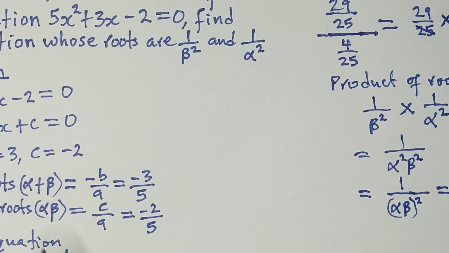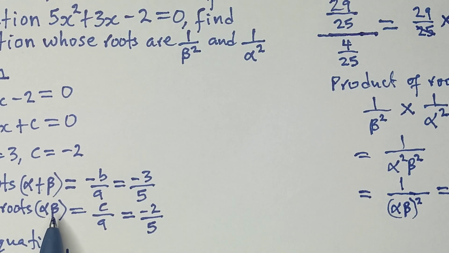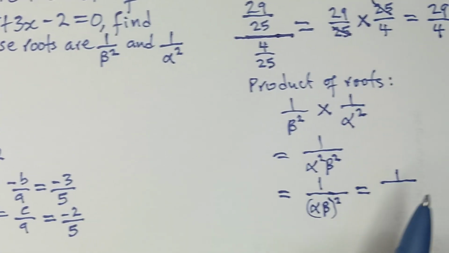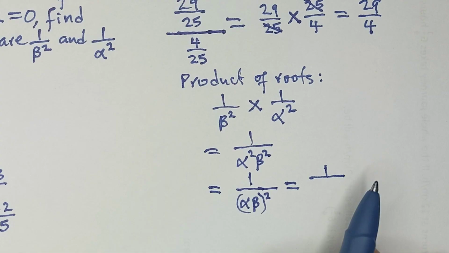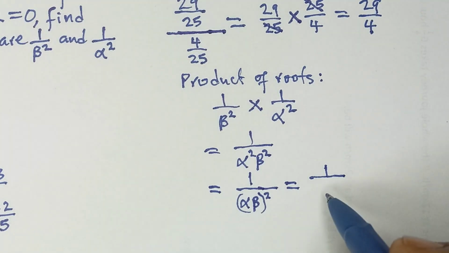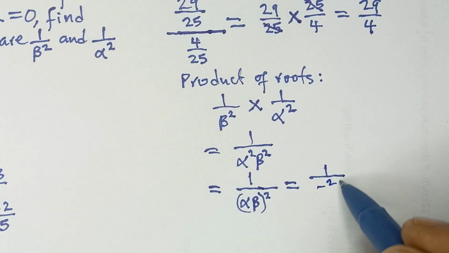You can see it here. Alpha beta is negative 2 over 5, so we'll substitute it in as negative 2 over 5 square.